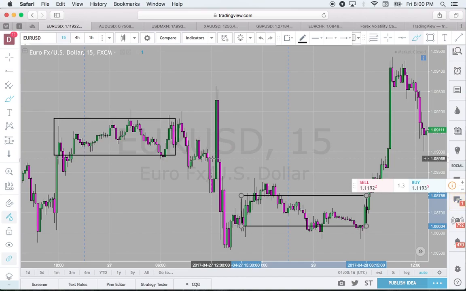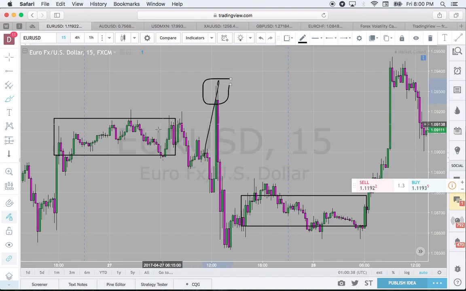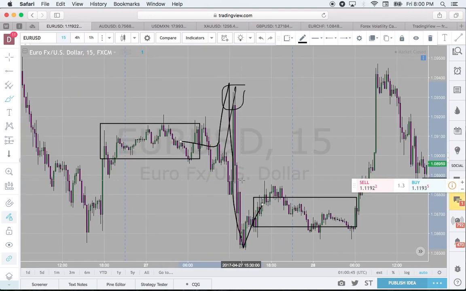The opening of London session, or in the middle of London session, or right before the opening of London session, will have some sort of manipulation move to create that high or create the low, and then finish off that whipsaw movement, that daily pattern.